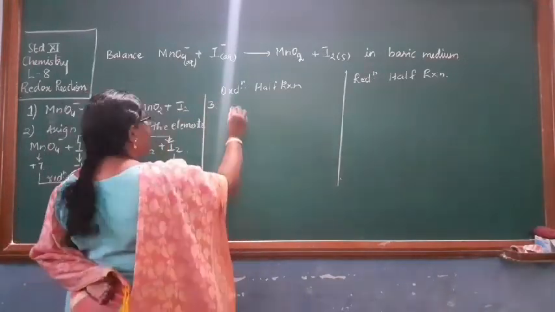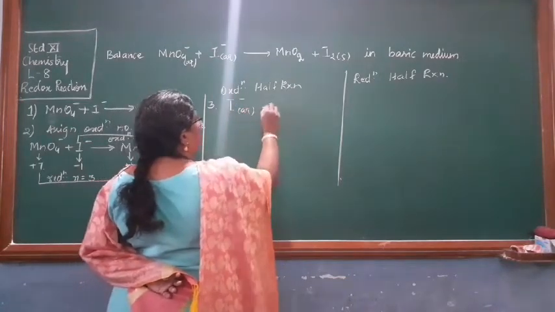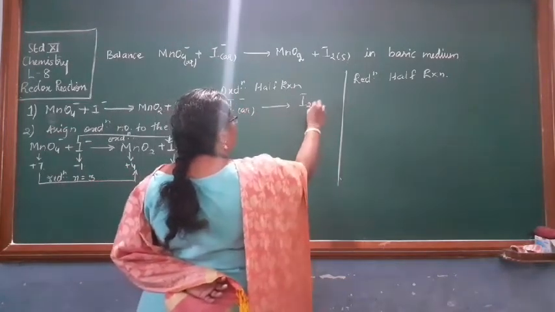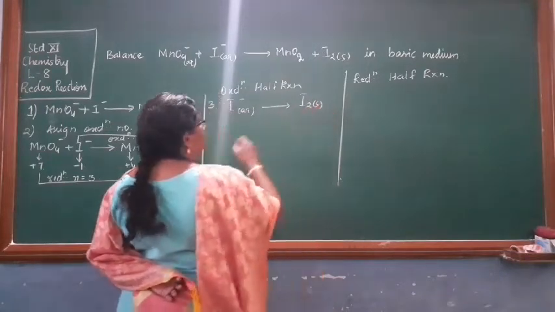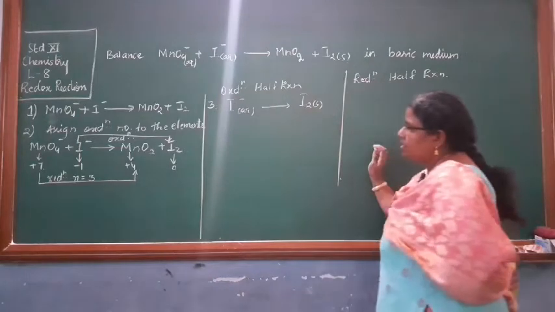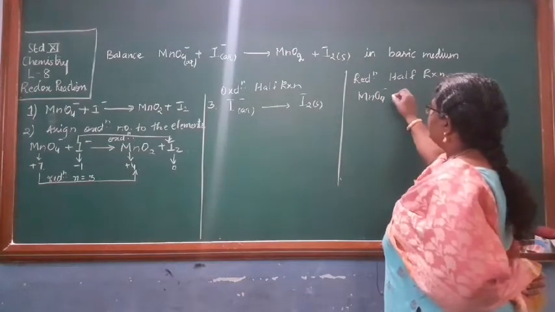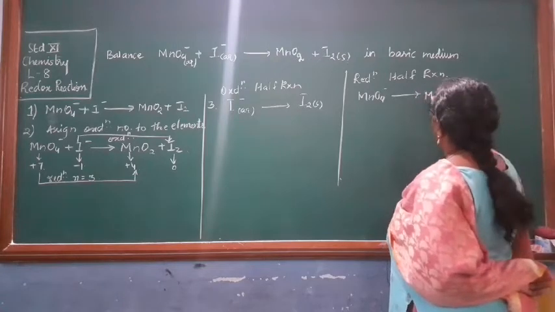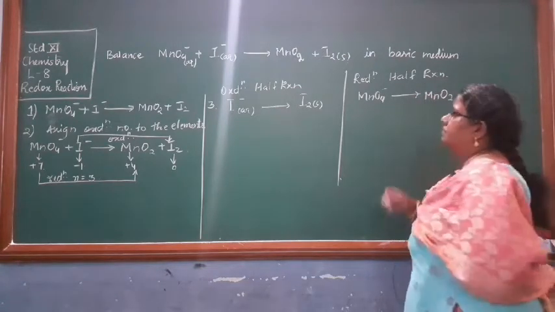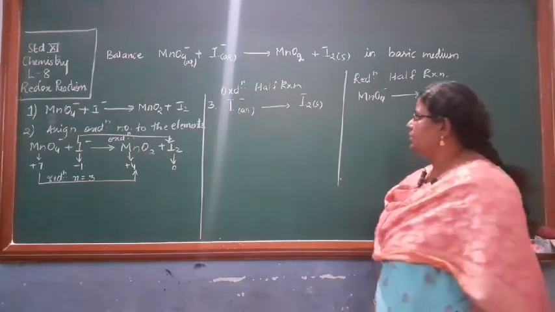Oxidation is I minus going into the I2 form, and the reduction reaction is MnO4 minus going into MnO2 form. Okay, so this is how you get your equations.